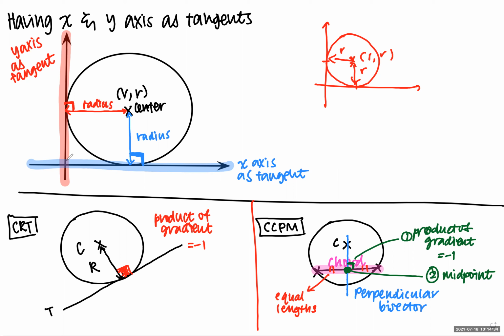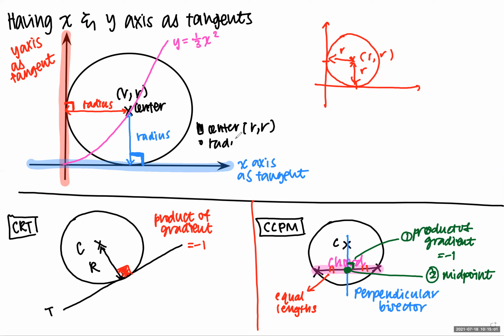Okay, so now I'm going to introduce a new line. So let's say now I have a curve here. Now, this curve cuts through, so let's say my curve is y equals 1/3 x squared. And they say that it cuts through the center. Now, from this concept, we know that the center is (R, R).